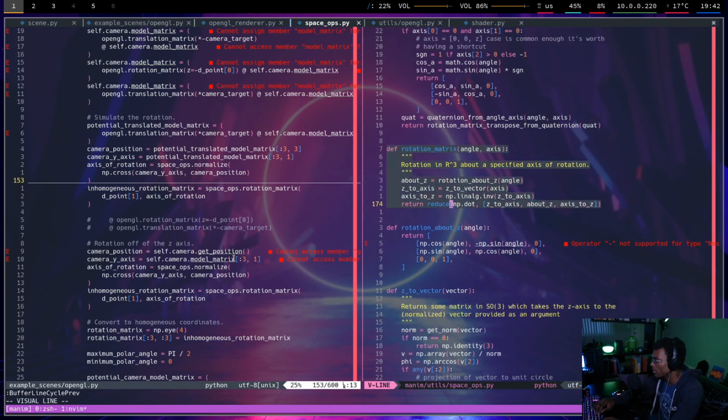Specifically this one is what I usually end up doing. That'll do that for me. I wouldn't actually need to use this, I don't think. Z to axis without Z axis. Yeah, I wouldn't actually need to use this, but it's just convenient. But this actually doesn't use quaternions either.